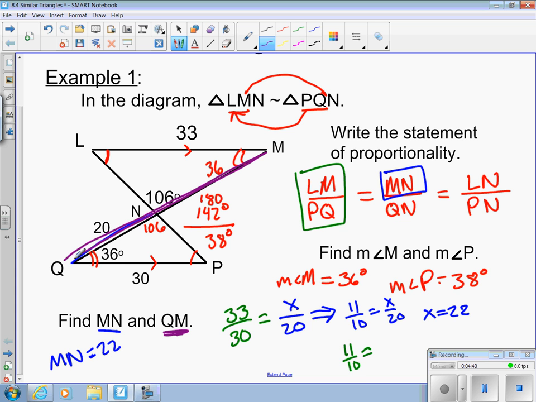Got to find it on the diagram first. So I really want to know MN. And we already found that. I guess I don't need another proportion. I'm getting ahead of myself. We found this length to be 22. So QM is going to be the sum of that, which is 44.